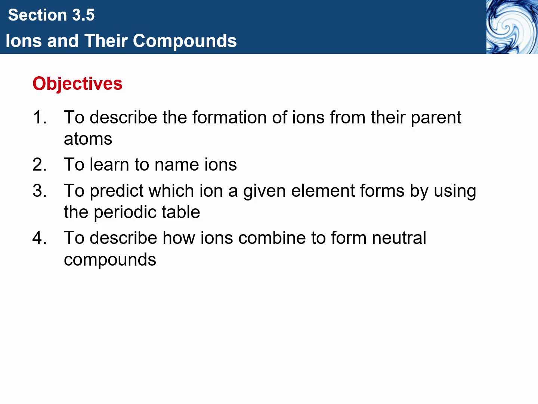Second, we will learn the naming rules for positive and negative ions. And third, we will use the periodic table to predict the charge of an ion of the main group elements. The last step is that we will describe how positive and negative ions combine to form chemically neutral compounds.